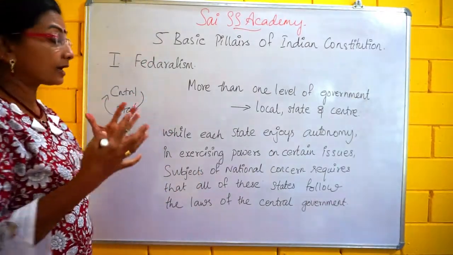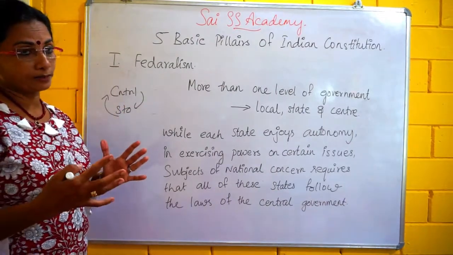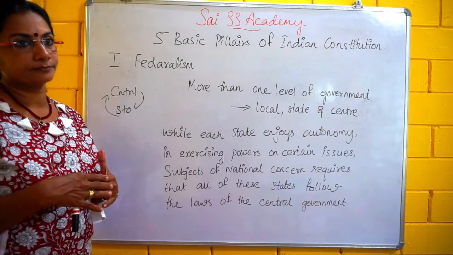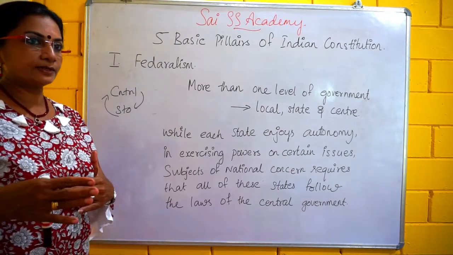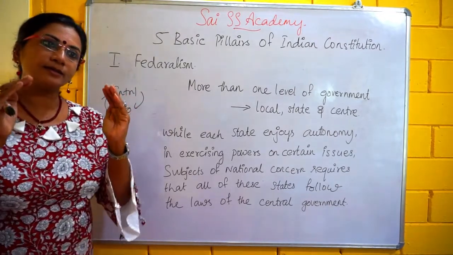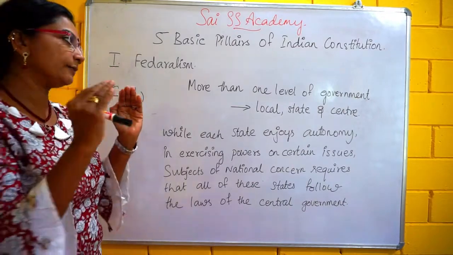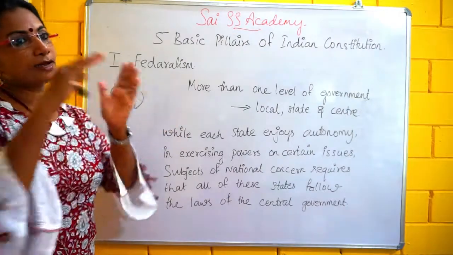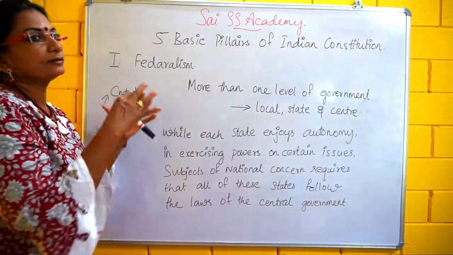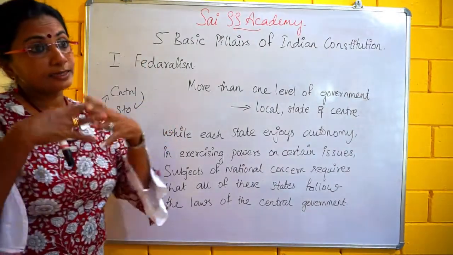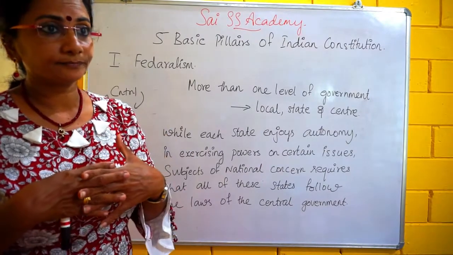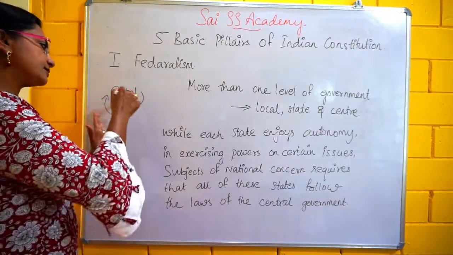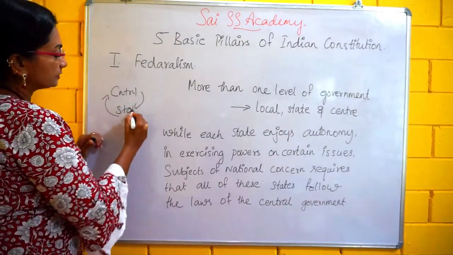There would be some kind of autonomy in power or subjects that the nation deals with and the states deal with. But there will be mutual interaction between the central government and the state government.